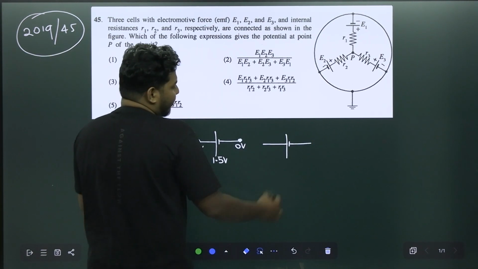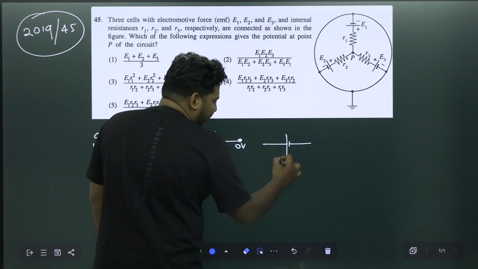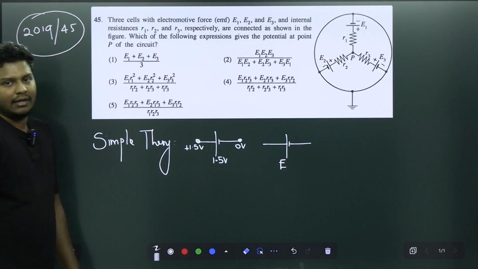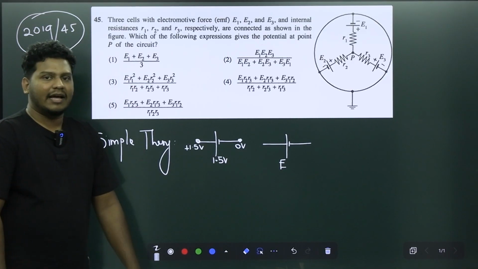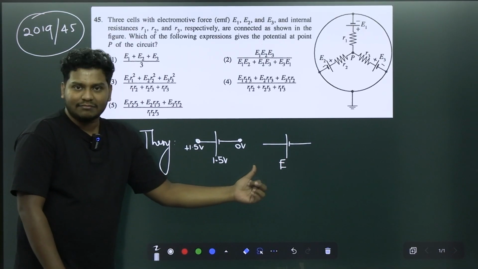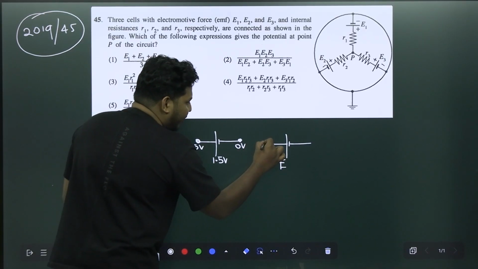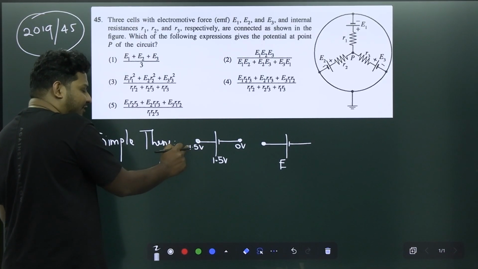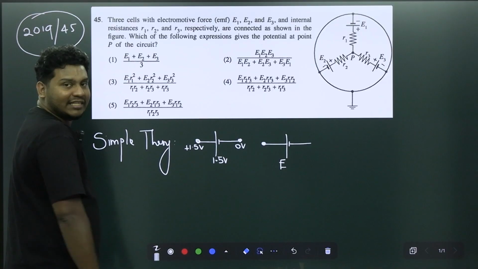On this battery it is written E. If this is 1.5 voltage, this is plus 1.5 voltage, this is 0 voltage.